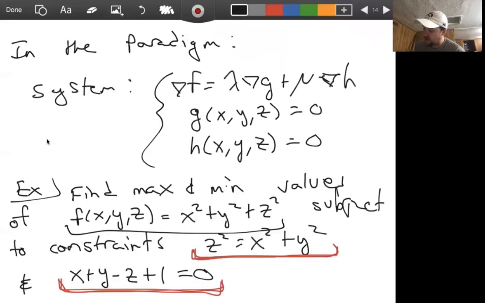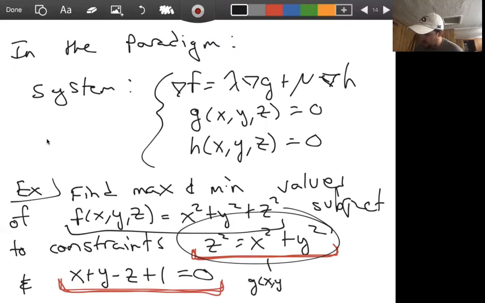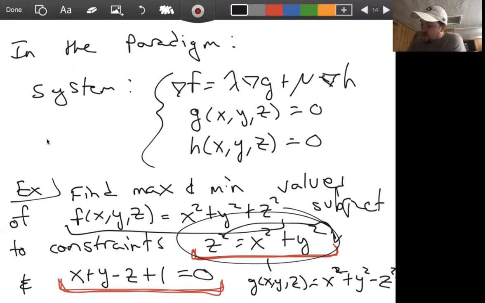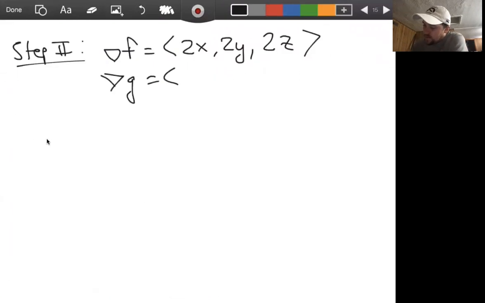Well, g is given by this function, right? This is to say that g of x, y, z equals x squared plus y squared minus z squared, right? Because you need to subtract this over for it to be equal to 0. And so that means the gradient of g is going to be 2x, 2y, but then negative 2z.